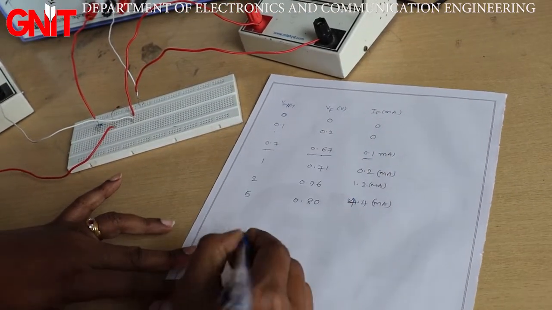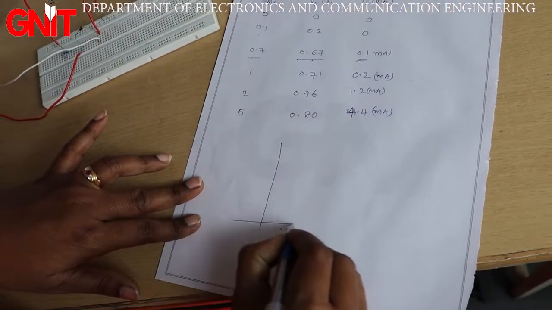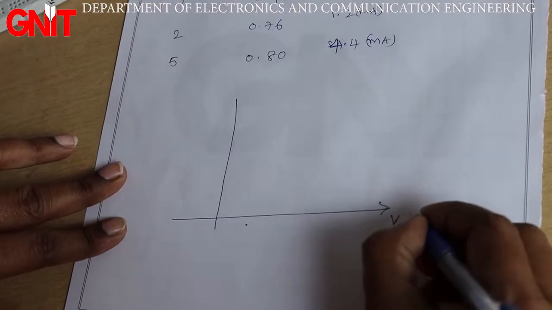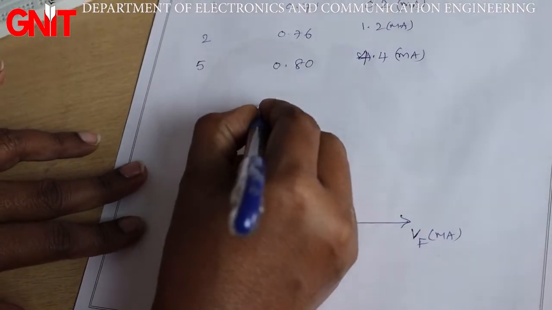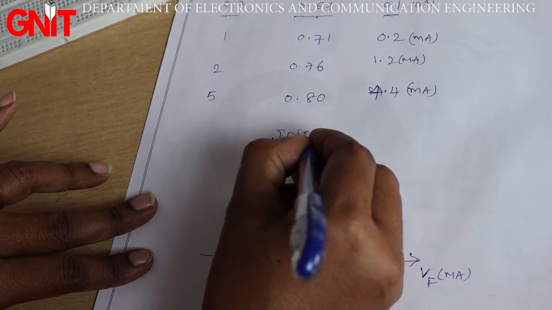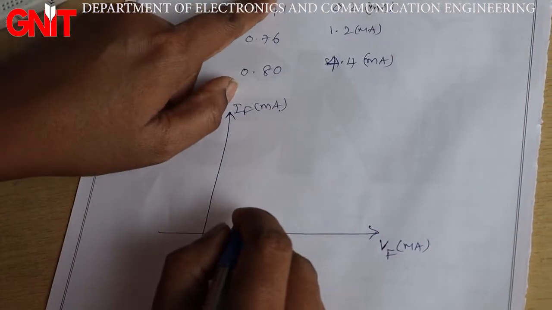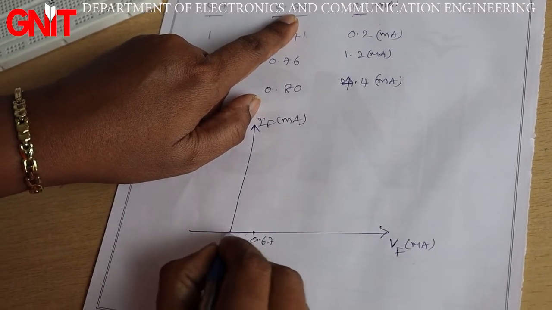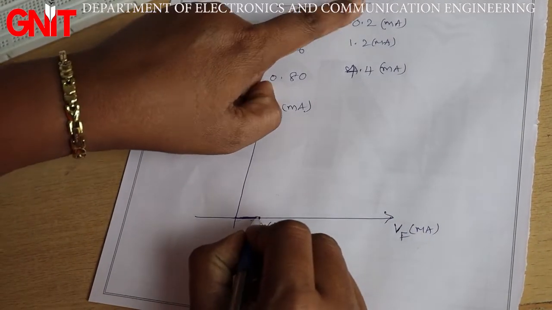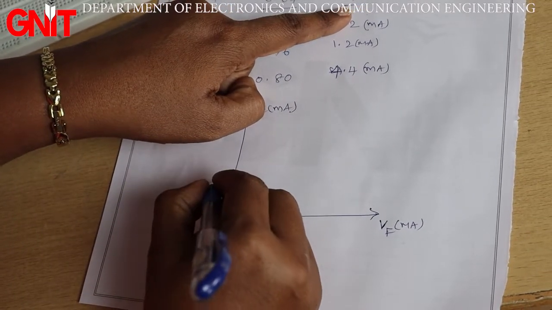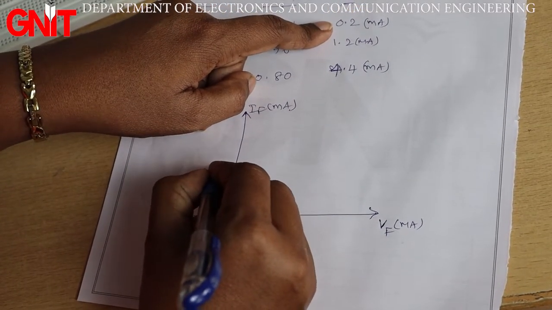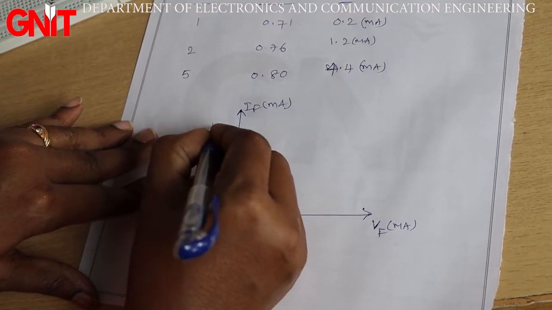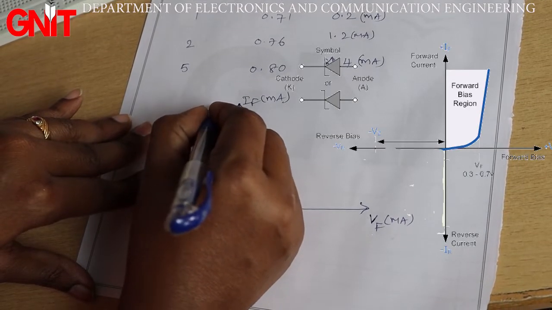So by using this forward voltage and forward current, we are going to draw the characteristics. This is forward voltage, this is forward current. Up to 0.6 we don't get any current. After this we got 0.1, 0.2, 0.3 and so on up to 1, 1.5, 2 like that.